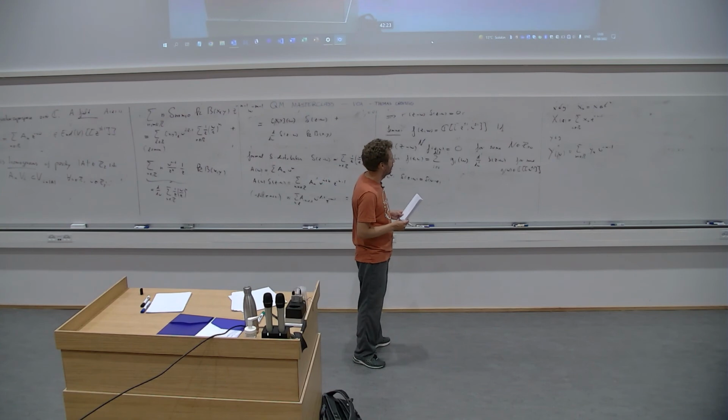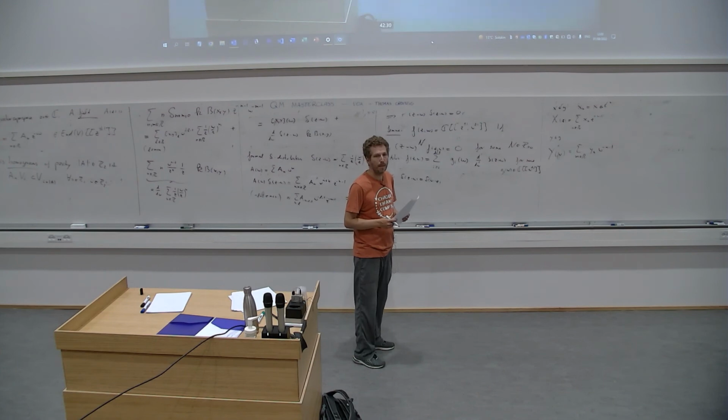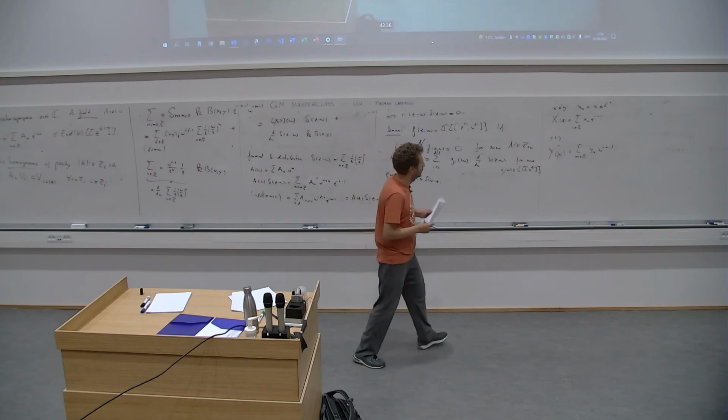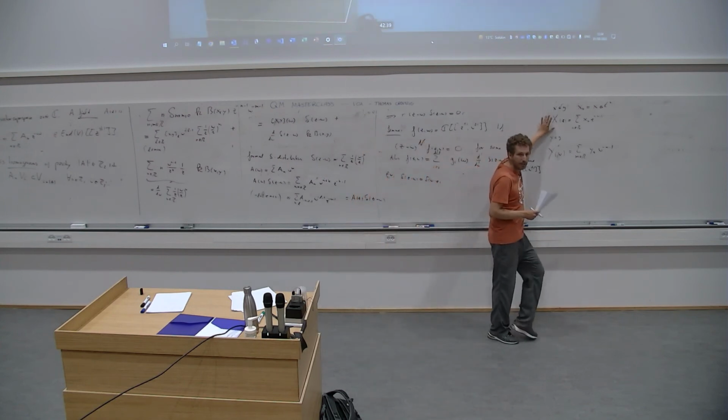One reason I could imagine is that x of z is exactly the kind of thing which satisfies the equation I just said: derivation plus z d/dz plus 1 kills it. Can you say it again? You mean this now, yeah? This thing, yeah. So you could take derivation plus z d/dz plus 1.